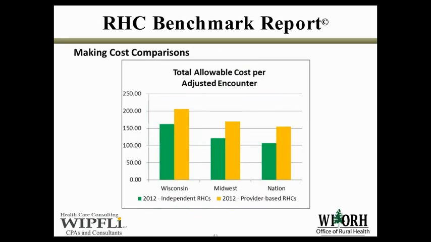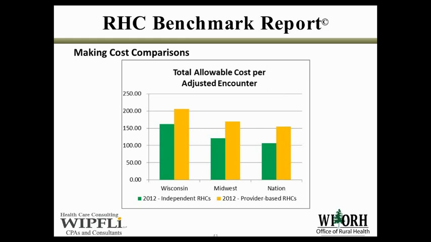Some of the types of information that's available through the cost report are comparative data such as cost per encounter or cost per visit. And this is really the driver around the reimbursement rates. So I mentioned previously that the cost per visit, for example, across the country was just over $150 per encounter.